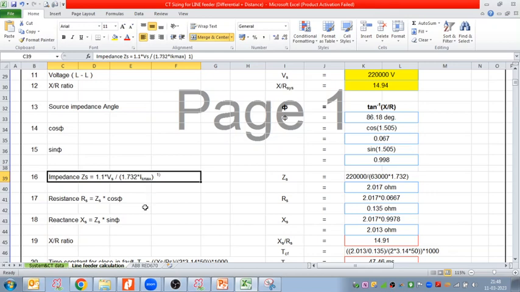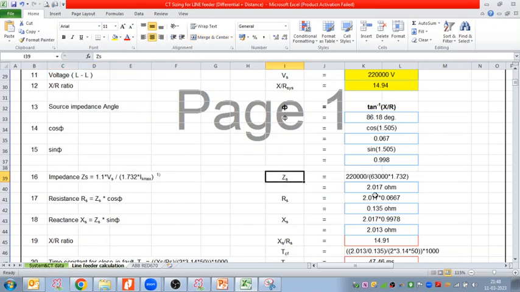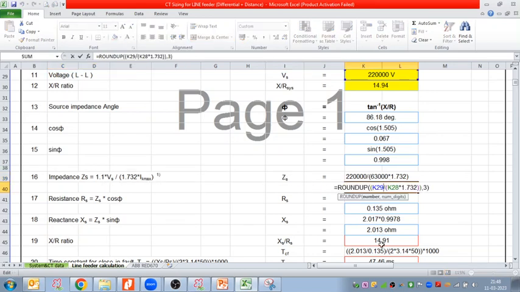If you remember, we also did this in the solar power plant short circuit calculations, right? So the source impedance value will be voltage divided by root 3 into short circuit current. This is how we calculate the source impedance Z. This value is coming 2.017.